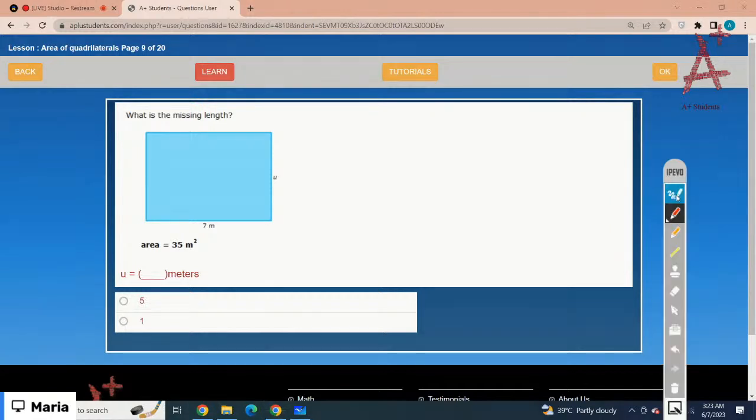You have to find the missing side length. So you can see the shape is a rectangle. So the area of the rectangle would be length times width. You are given the area, that is 35, and you are given the length, that is 7. You have to calculate the w.